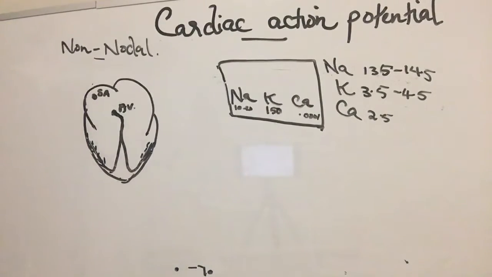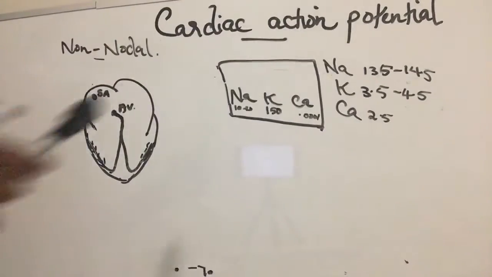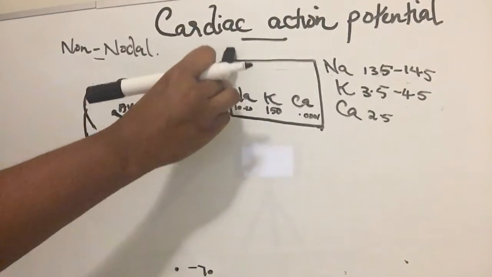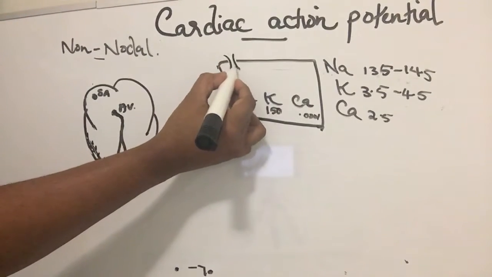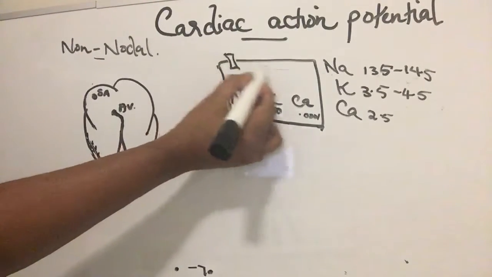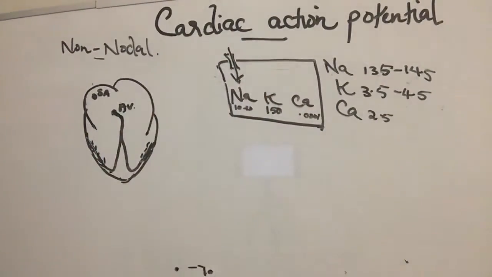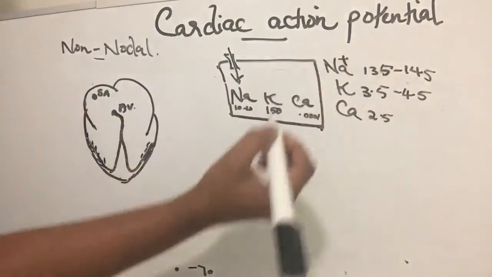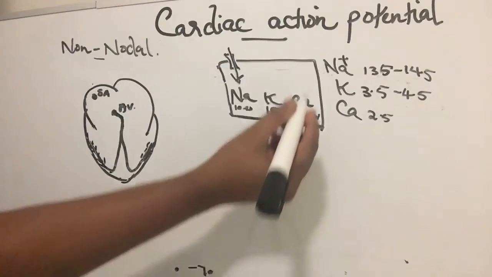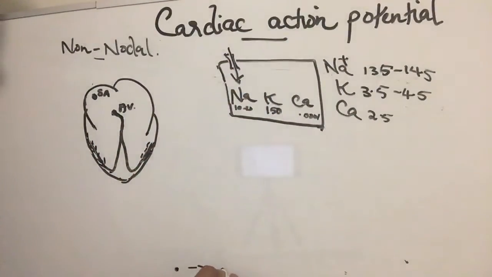So initially, the sodium gate opens up. The sodium gets activated, and the sodium gate opens up, and sodium will rush into the cell. Sodium is positively charged, and when this positively charged sodium comes into the cell, the cell is going to be slightly positive.